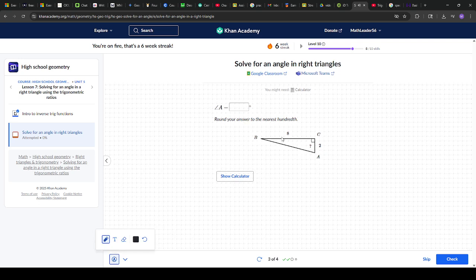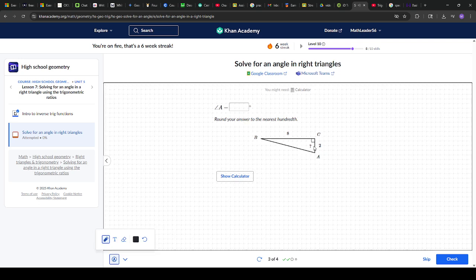Okay, now we have the angle here. Let's call this X. As we can see, it's adjacent to 2 because it's touching it, and then it's opposite to 8. So, opposite and adjacent, we have tangent.